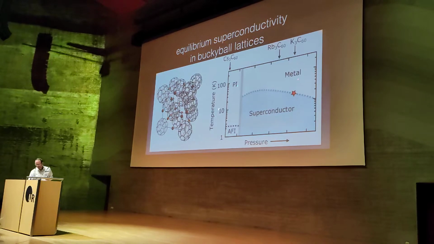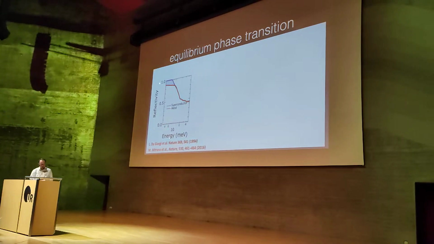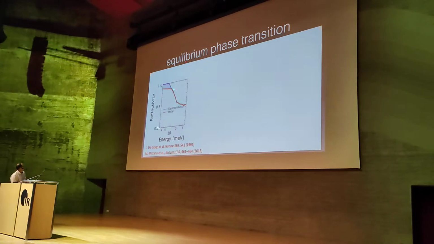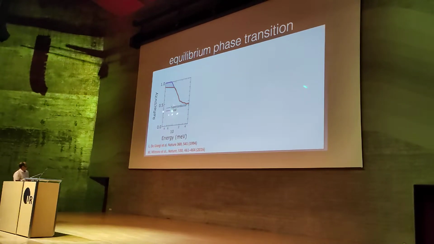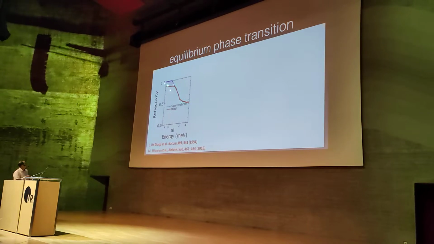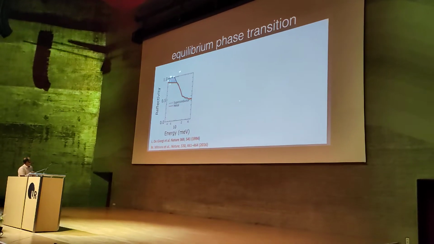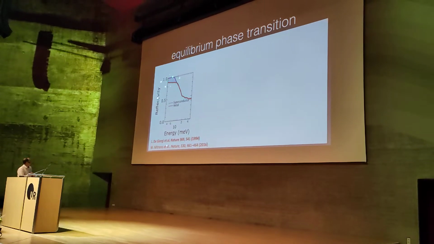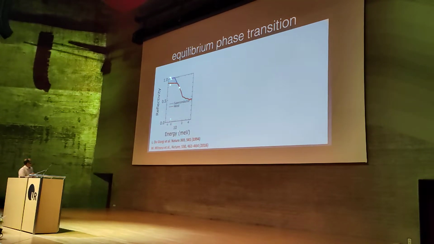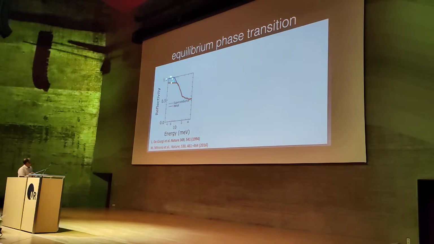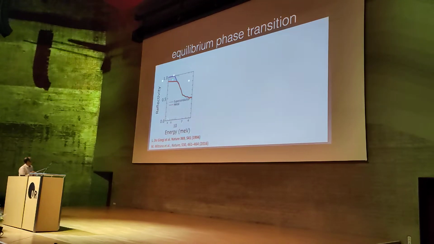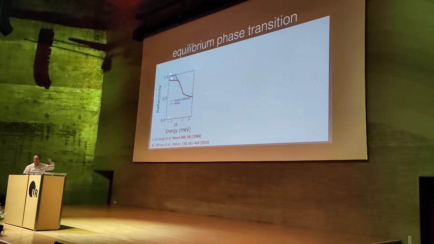So far so good. And what does the equilibrium phase transition look like from the point of view of optics? If you go from the metal to the superconductor, you go from a resistance that is not perfect to a perfect reflectivity. Here you should see a perfect reflection of the laser pointers, so they will come back into your eyes.